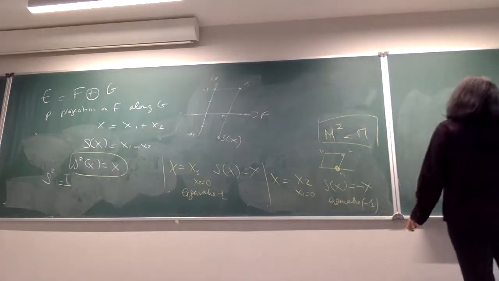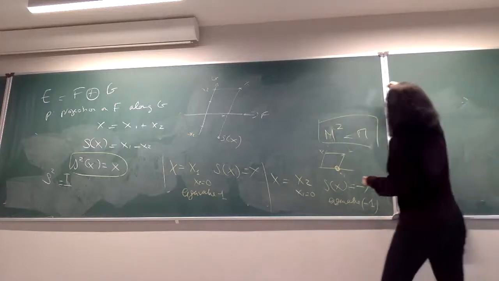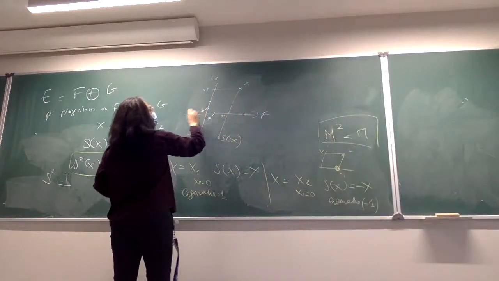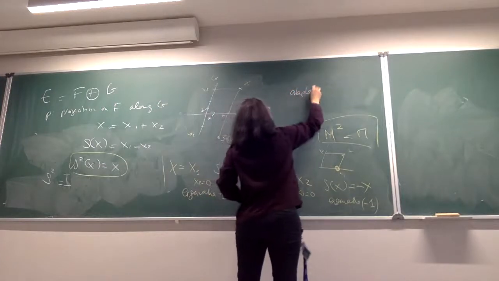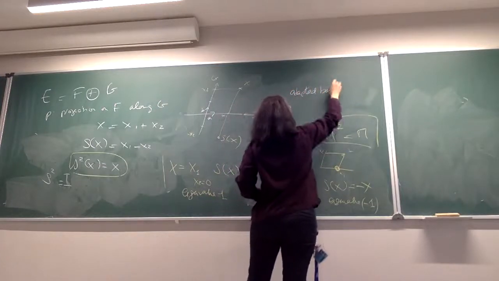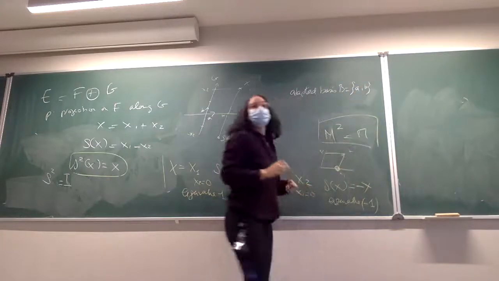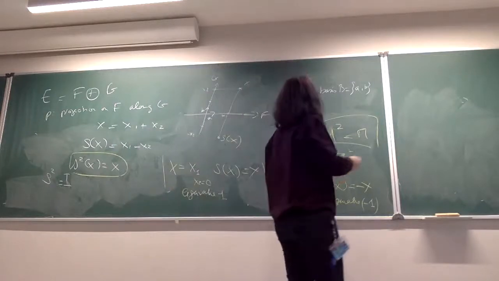Let's write the matrix of the symmetry. So let's say you've got an adapted basis, which is A and B. So it spans R2, because I've got two linearly independent vectors.